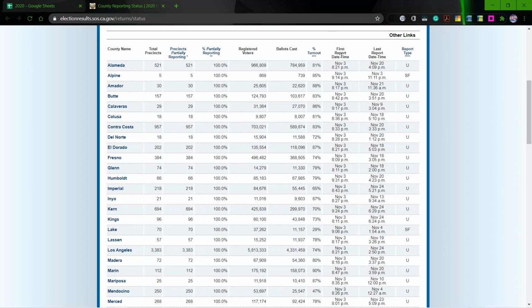You also get the date of the first reporting along with the time, and then the latest report given by each county to update their unprocessed ballots information. So this is the up-to-date information for current standings, which is great. This is what we should be looking at as concerned citizens.